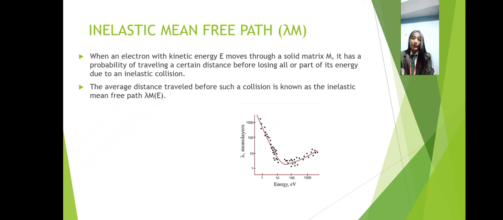Now let's talk about the inelastic mean free path, denoted by lambda. Point number 1, when an electron with kinetic energy E moves through a solid matrix M, it has a probability of traveling a certain distance before losing all or part of its energy due to an inelastic collision.